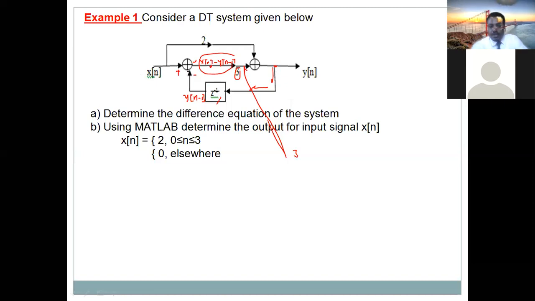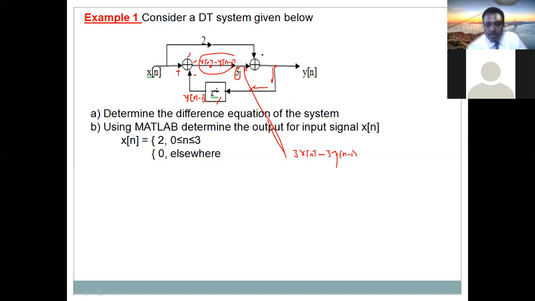The two are added together here by this adder circuit, then they are multiplied by 3. So 3 times x of n minus 3 times y of n minus 1. Both are multiplied by 3.